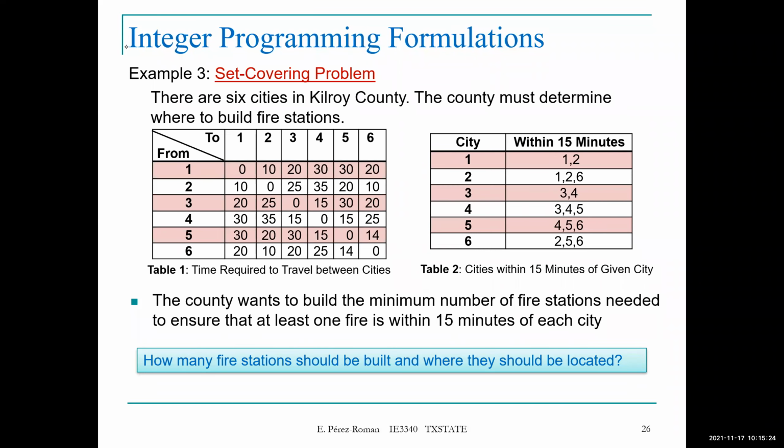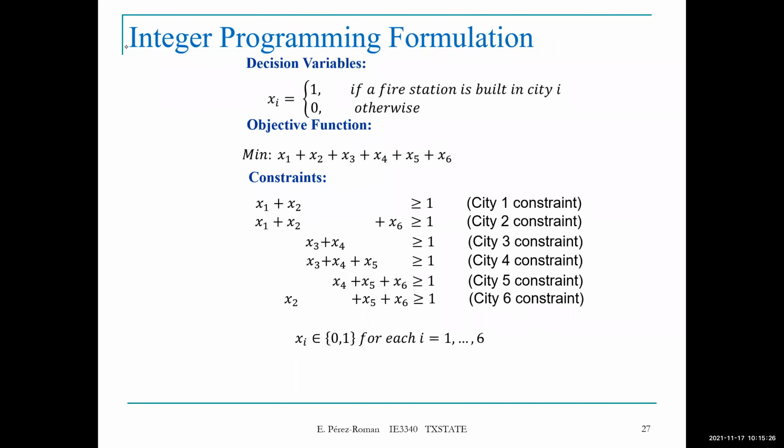Then we go to 3, which is 3 and 4: x3 plus x4 has to be greater or equal to 1. Same thing here, we can reach 3, 4, and 5 from city 4. We can reach 4, 5, and 6 from city 5, and 2, 5, and 6 from city 6. All these constraints are greater or equal to 1, because we want to make sure that we get to every city with the minimum number of fire stations.